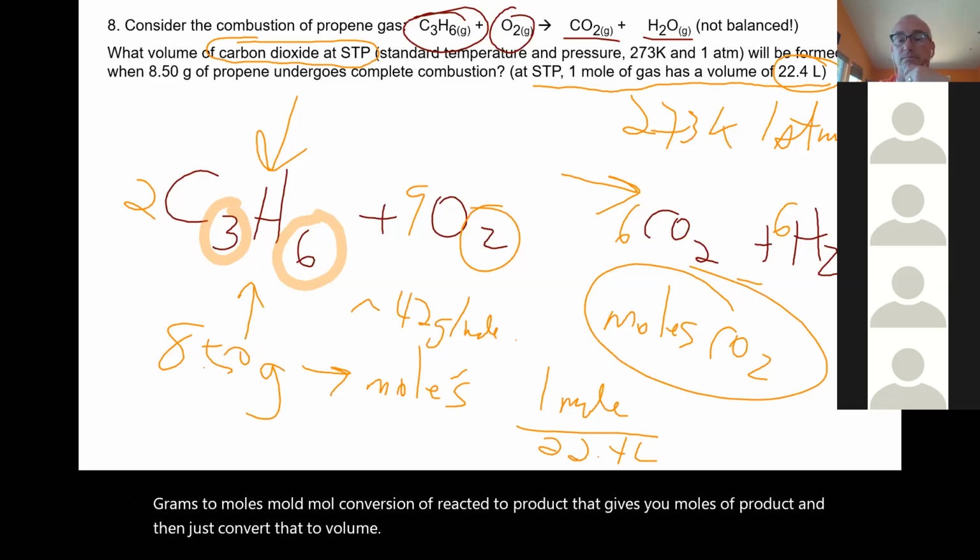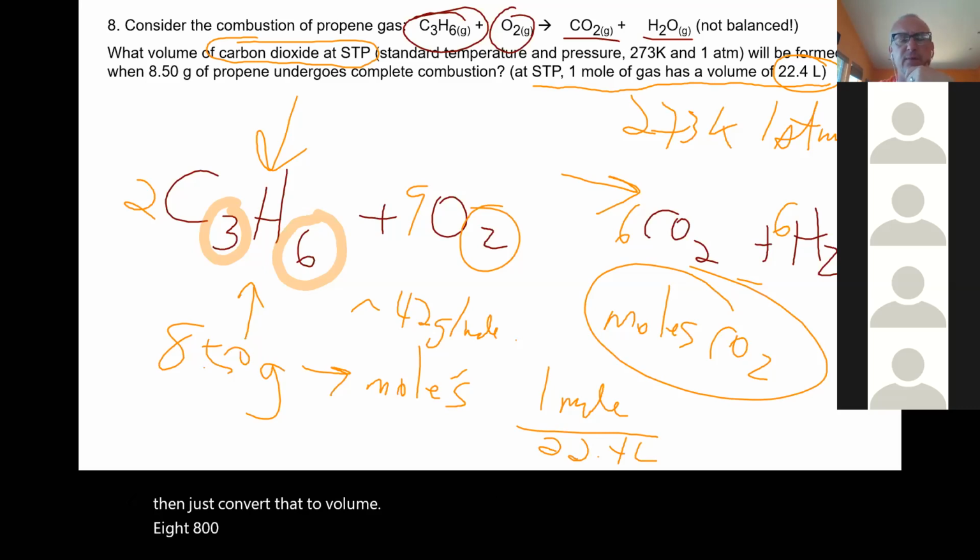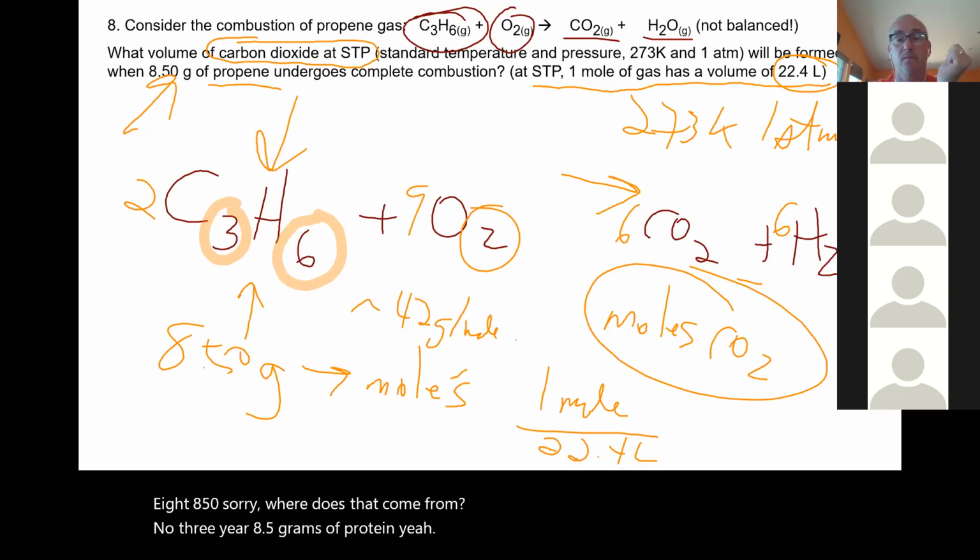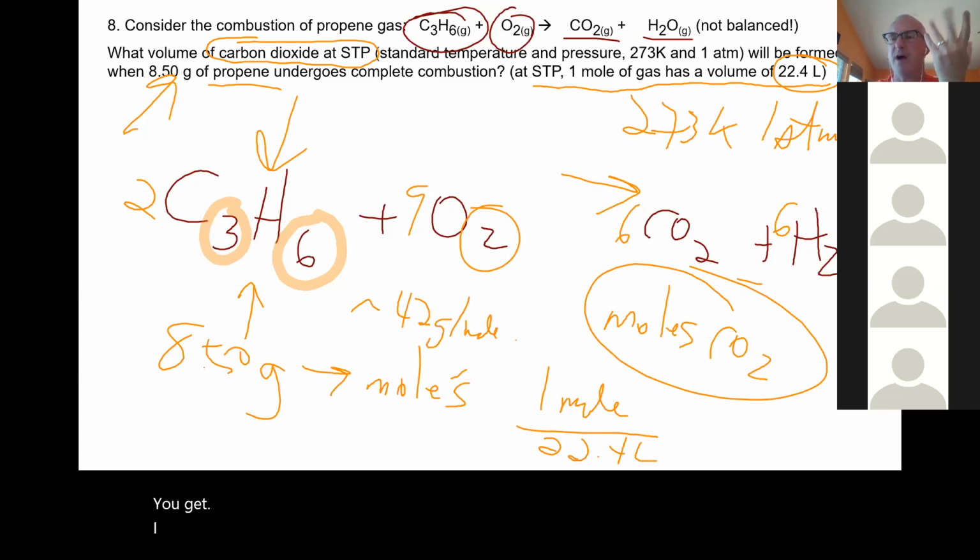Where did you get 42 grams per mole? Oh, that's going to be approximate.